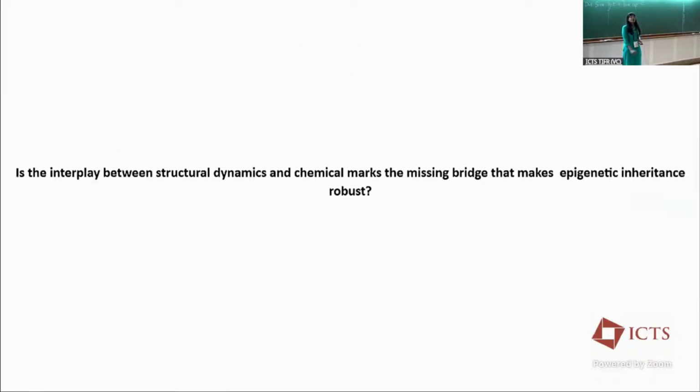Although our model was able to beautifully establish the relationship between modification dynamics and nucleosome dynamics, we are still striving to understand if this is the sole secret to make epigenetic inheritance robust. If yes, is this the only secret, or are there many more secrets waiting to get out?